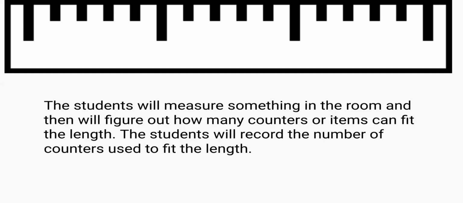And then they can have the actual manipulatives on their desk and start lining them up against the desk, and then see how many counters fit along the length of their desk. That's one way that each student can do this activity. And that is the last activity from this section.